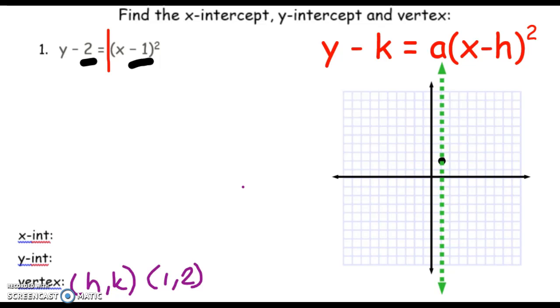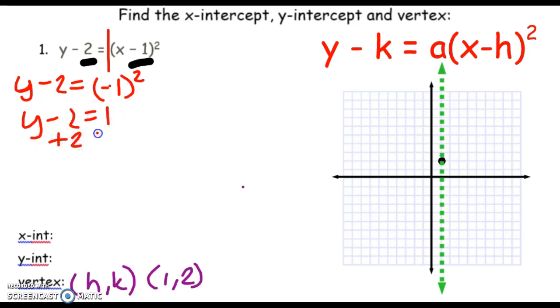And then from here, I want to plug in 0 for x to solve for y. So if I plug in 0 for x, I get y minus 2 is now equal to, well, 0 minus 1 is a negative 1 quantity squared. So y minus 2, a negative 1 times a negative 1 is just a positive 1.